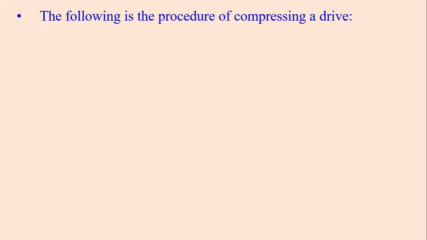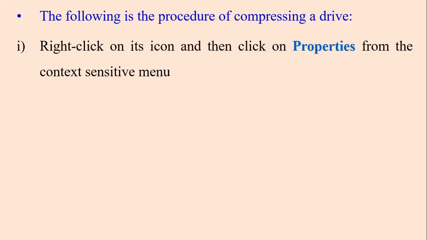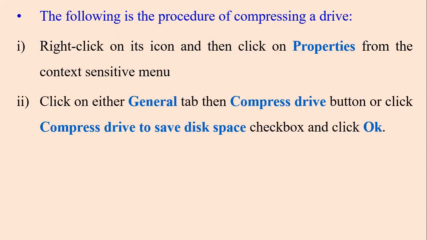The following is the procedure of compressing a drive. Right-click on its icon, and then from the context-sensitive menu that will be displayed, click on Properties. Then click on either General tab, then Compress Drive button, or just click on Compress Drive to save disk space checkbox and click OK.